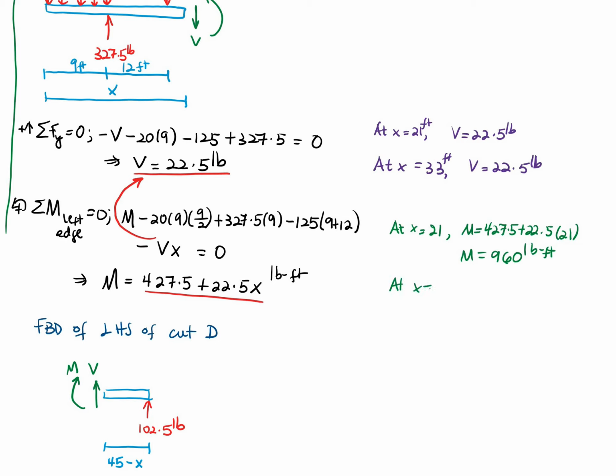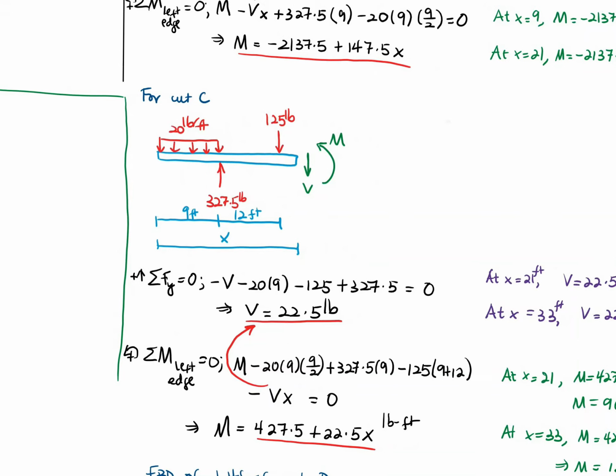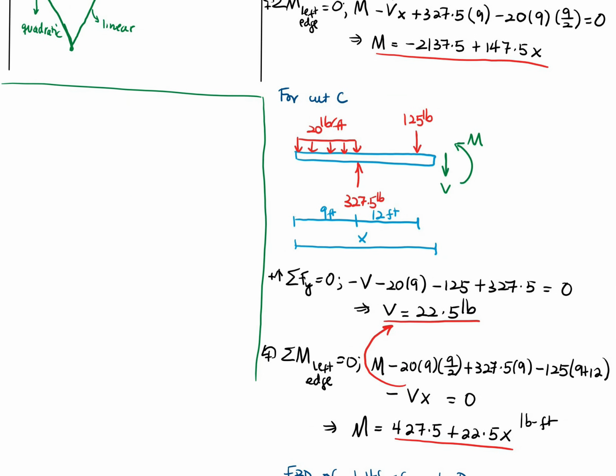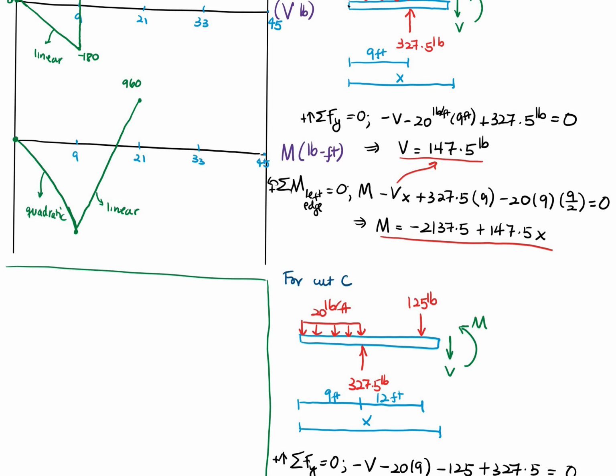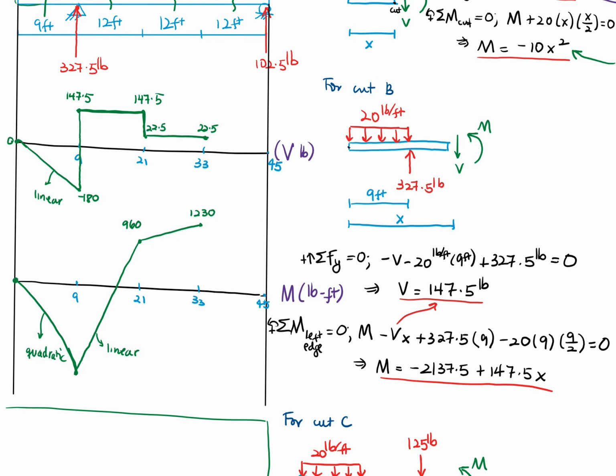And then at x equals 33, m equals 427.5 plus 22.5 times 33, and that gives me my m of 1230 pound-feet. So I have 960, I'm going to go to 1230 pound-feet. And once again, it's a line because this side is a straight line.